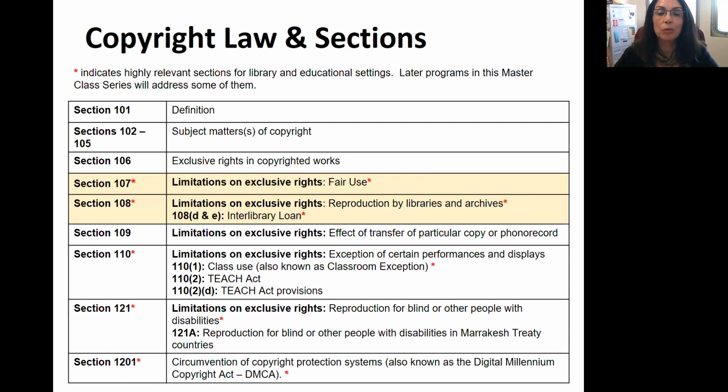So copyrighted works can be digitized, say, to be reused for blind people or people with visual impairments, and Section 121 outlines that. And then finally, you've got Section 1201, called the Circumvention of Copyright Protection Systems, part of the Digital Millennium Copyright Act, which is kind of complicated.